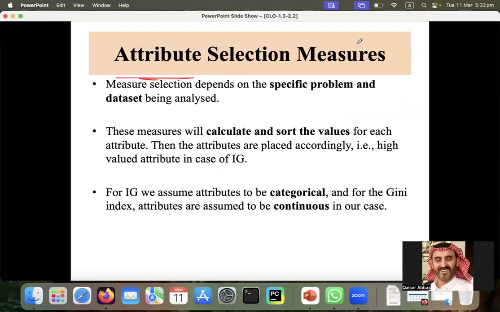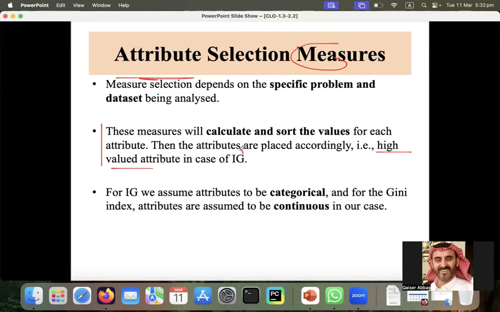This selection of measures normally depends on the problem or the data set. This is just additive theory that you must know if you are going to select some measure. All these measures that you have seen here will calculate some value for the features, and then sort those features according to those values, from high to low.